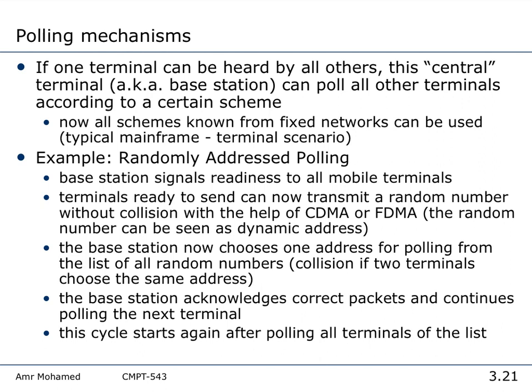The other key here is this polling sequence, because I can control the share of each node based on the order and the duration for which I poll each one. So I can poll you and give you more access than the others. If we have multiple nodes, I can poll not necessarily in order.